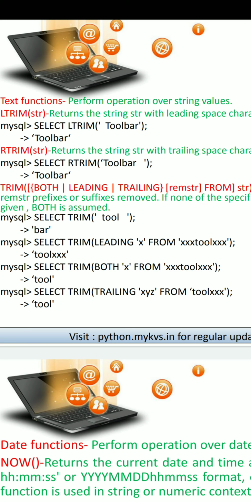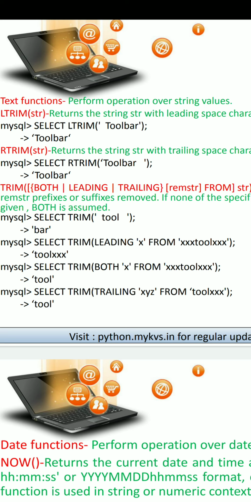It will remove leading x character from this string. Then select trim both x from string. Here it will remove x from left side and from right side also. It means leading and trailing x character will be removed.